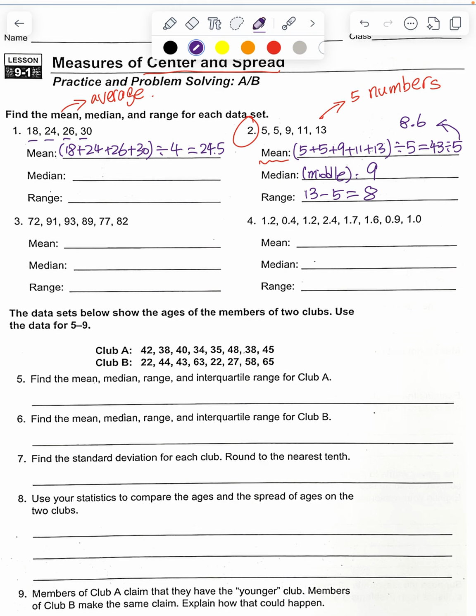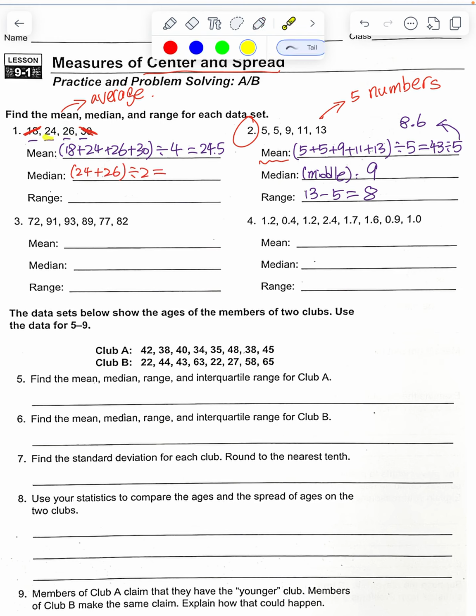The median, okay, we have 4 numbers. So let me cross out one from the left, one from the right. We don't have one number in the middle. We have 2 numbers in the middle. So we're going to take the average of these 2 numbers: 24 plus 26 divided by 2.